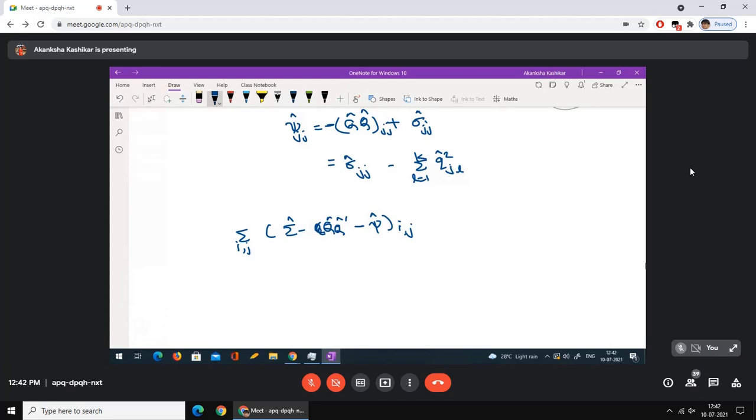Diagonal elements would be forcefully adjusted, so errors at the diagonal elements will be 0. But off-diagonal elements will have some error because we have not taken anything like specific variance there. It can be shown that the squared error in off-diagonal terms is less than or equal to lambda k plus 1 squared, lambda k plus 2 squared, up to lambda p squared.